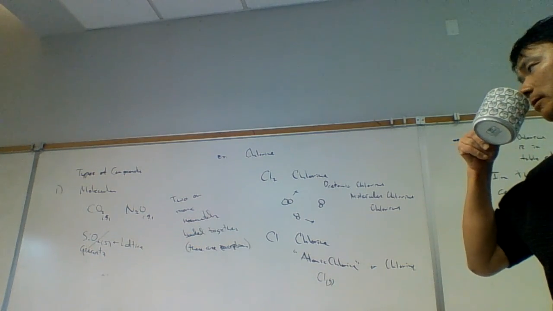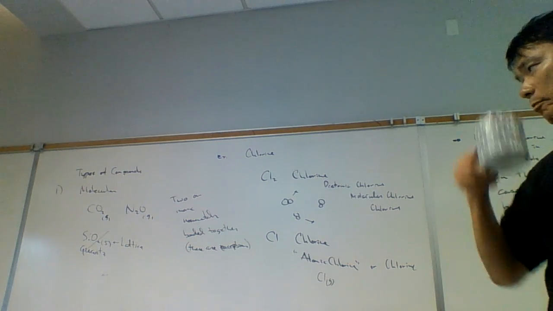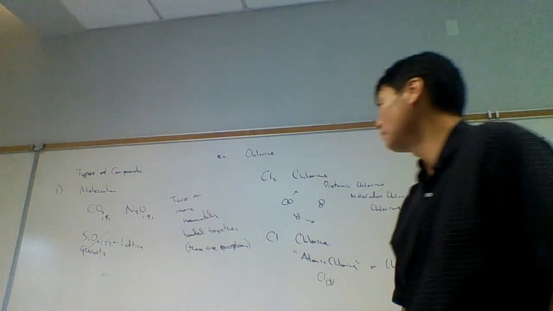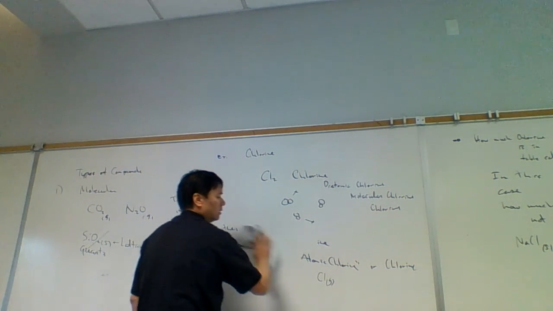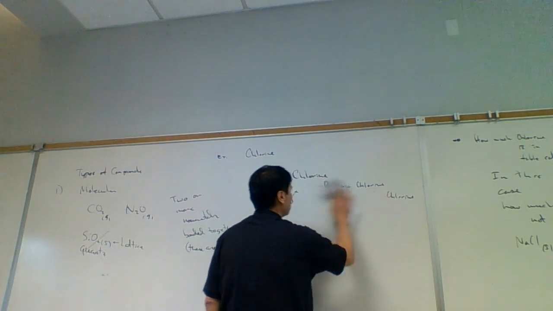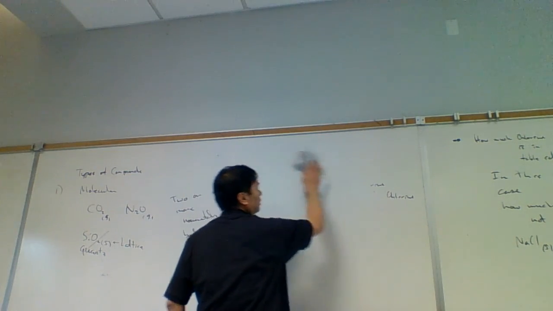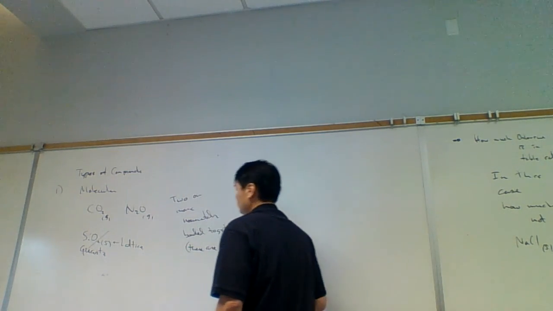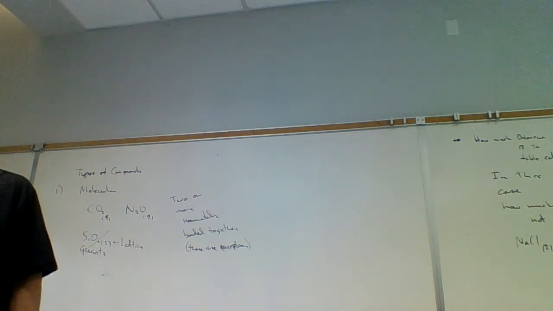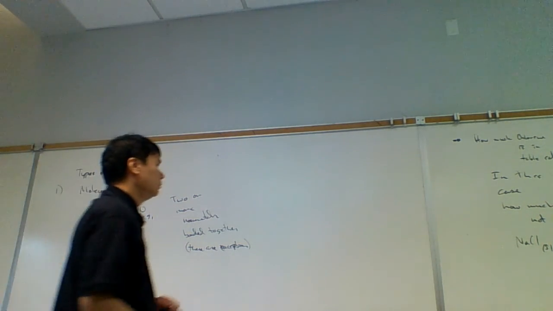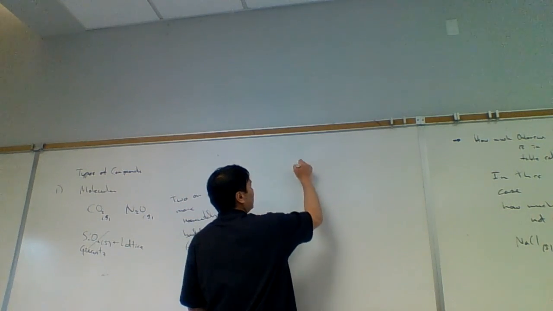Obviously, it'd be nice to be able to predict that without having to look it up. All right, molecular compounds have their own naming. And so let's look at naming.